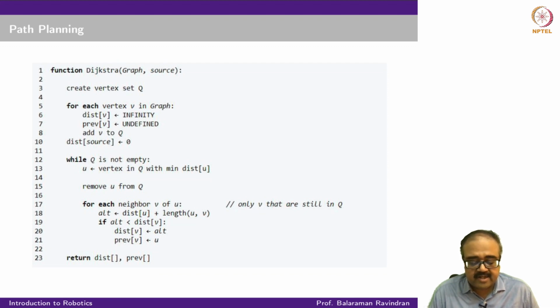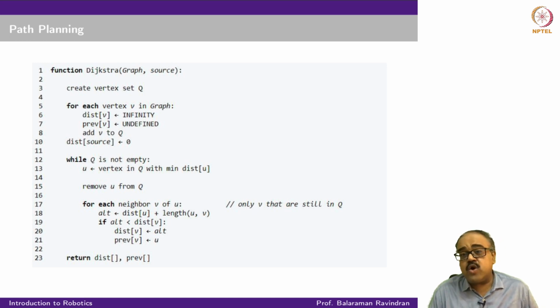And then finally, after this algorithm completes, I'll return distance, and that gives me the shortest path length from the source node to every vertex in the graph, right? That's what distance gives me. And what does previous give me?